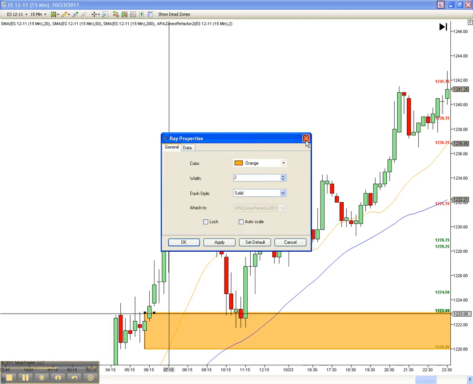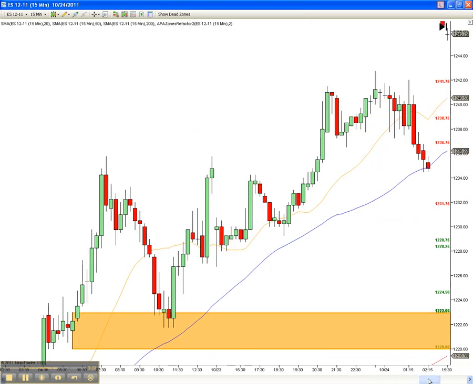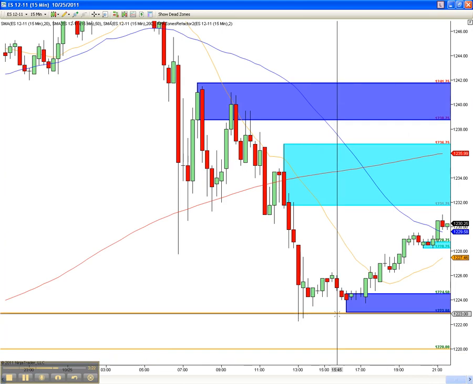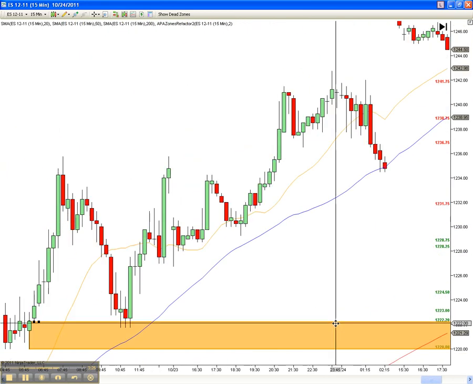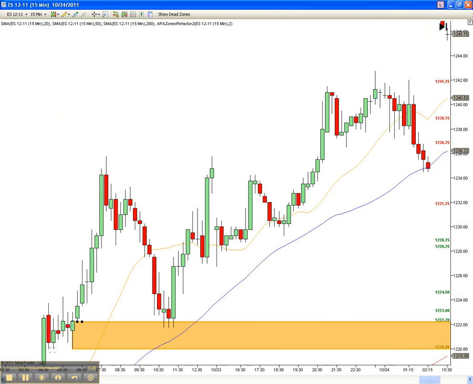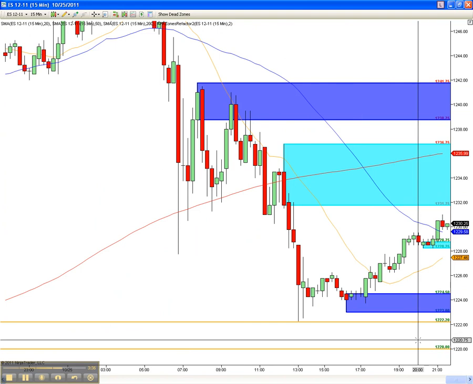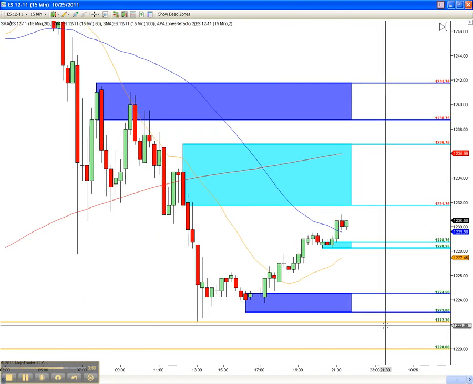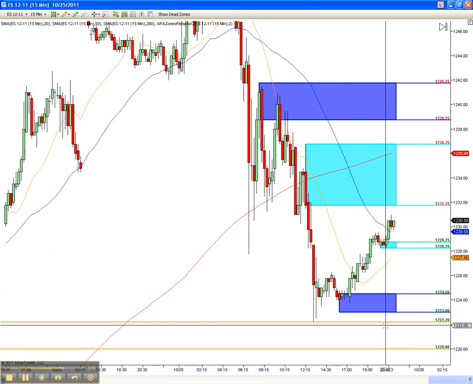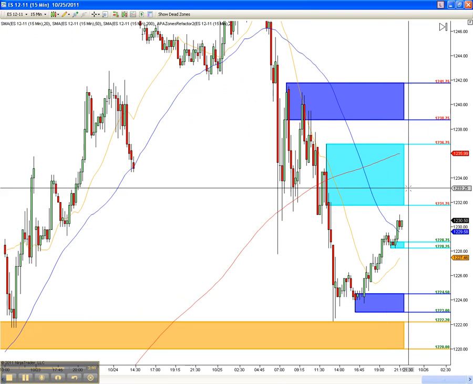So let's go ahead and move it back to where it was, just because this is the way Apazones automatically draws out the zone. So it's really trying to take that. It was a rally, and then it kind of based, and then it rallied some more. We try to take that and extend it forward automatically for us. So as price is retesting that area, we keep it in mind.